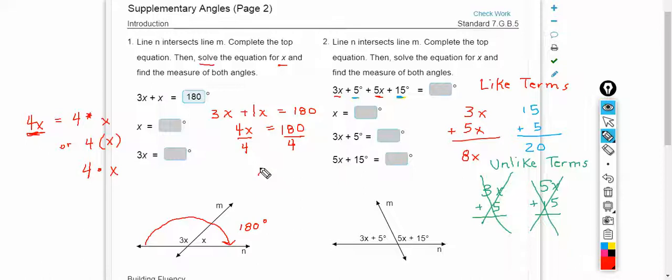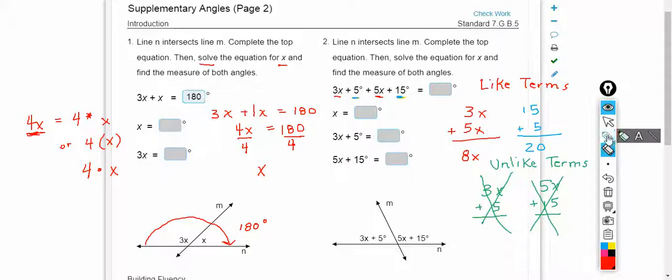Okay, so when we do that, the 4 divided by 4 is 1, which is the same thing as them canceling out. The 4's cancel out. I could draw a line through the 4, but I'm not going to draw the line.